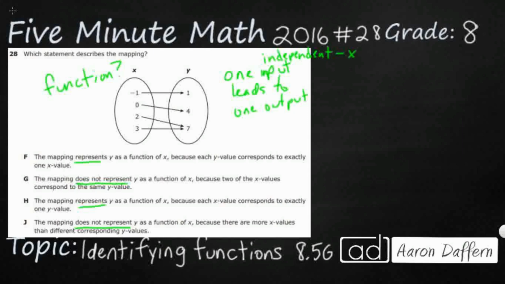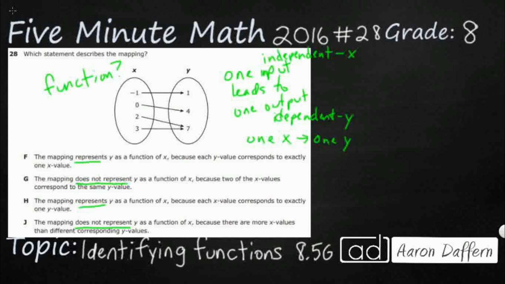Our outputs are always our dependent variables. We always label those as our y. So really, we're looking at 1 x leads to 1 y. And so that's what a function is.